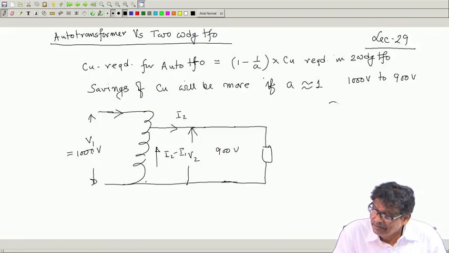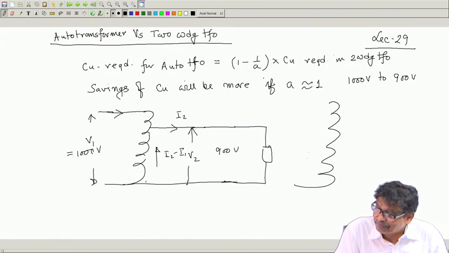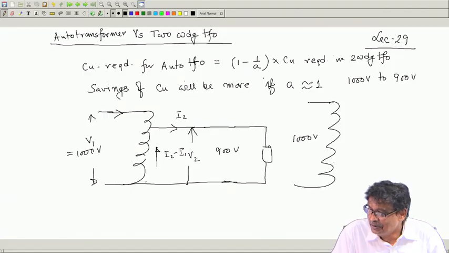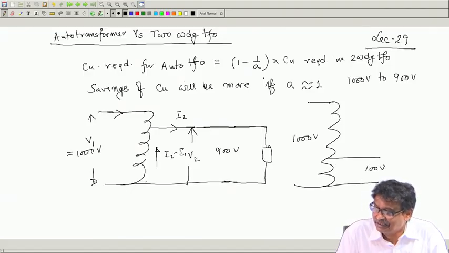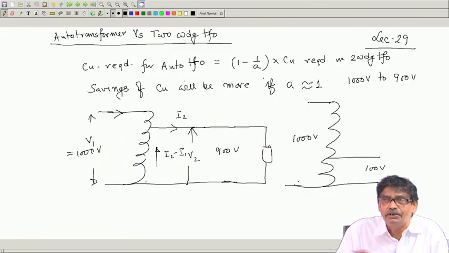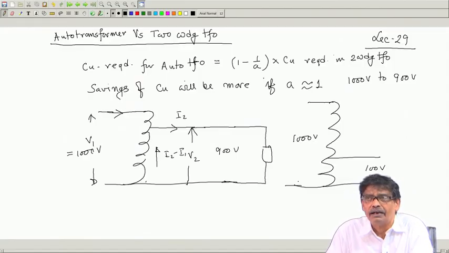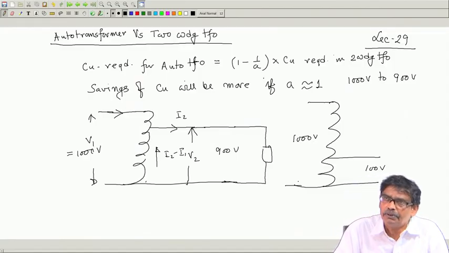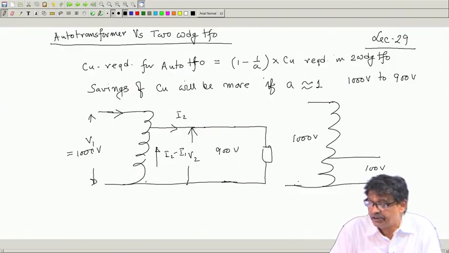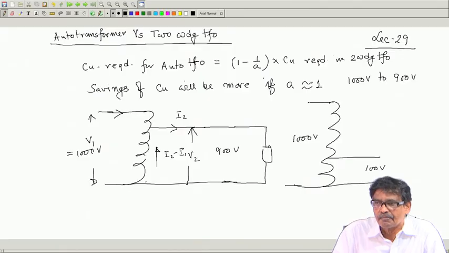but imagine I am using an auto transformer from 1000 volt to say 100 volt. I want to get 100 volt here, and I have decided I will use an auto transformer. Now, first of all, in this case, this ratio being too high, savings of copper will be there compared to a 2-winding transformer, but savings of copper compared to this configuration will be much less, because A is here 10.